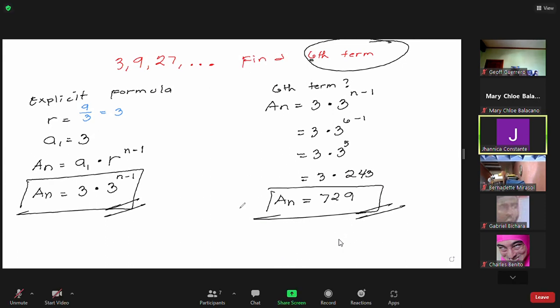Okay, now with this example, can I clear the screen? So for example, we have this geometric sequence.